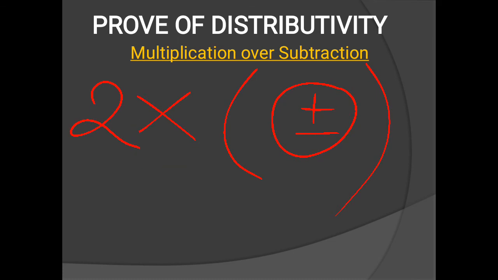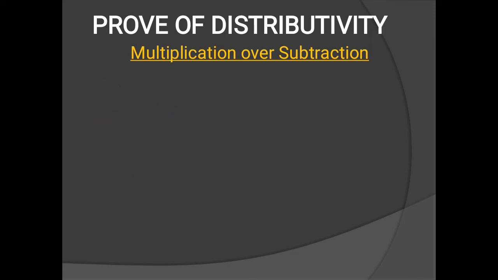We know this already. We are saying that multiplication is distributive over addition and subtraction only. It is not distributive over multiplication. It's not distributive over division.